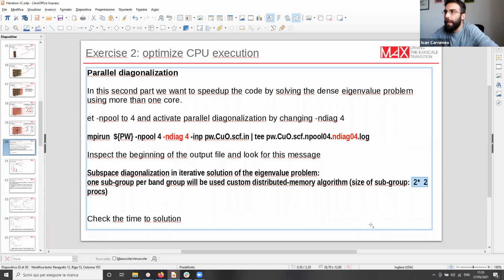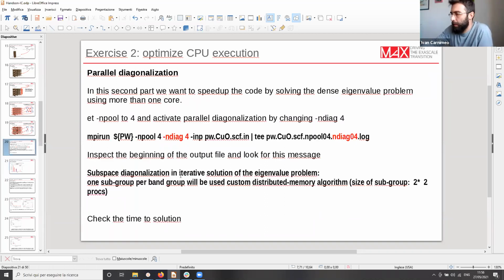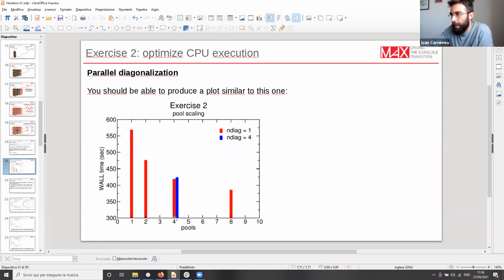And here, if you try the calculation, you will find something similar to this, in the sense that, of course, this is a small system, so we don't see any significant speed up. But we see that, since here we are using 4 pools and 4 diag, the computational time is a bit higher.